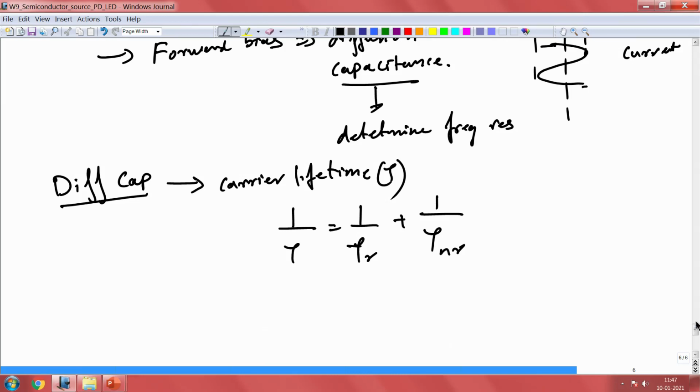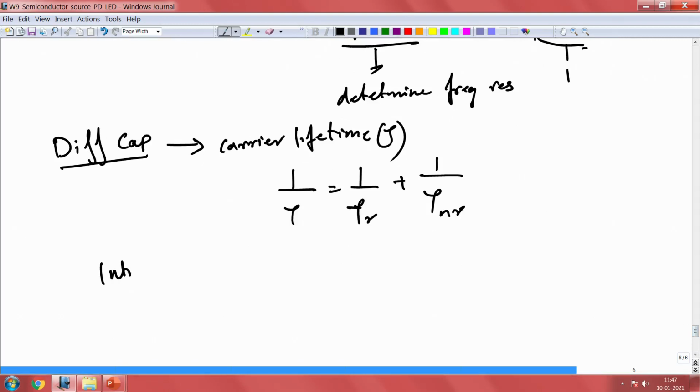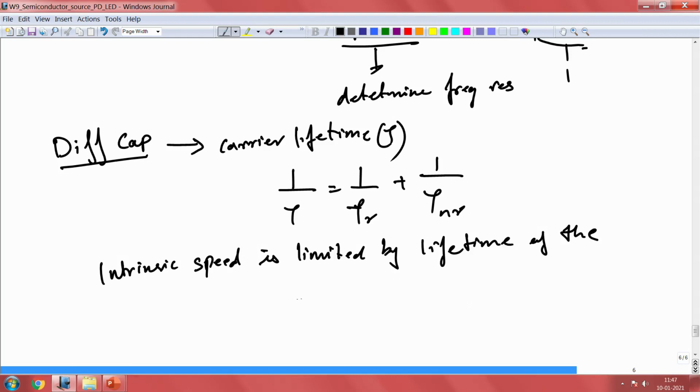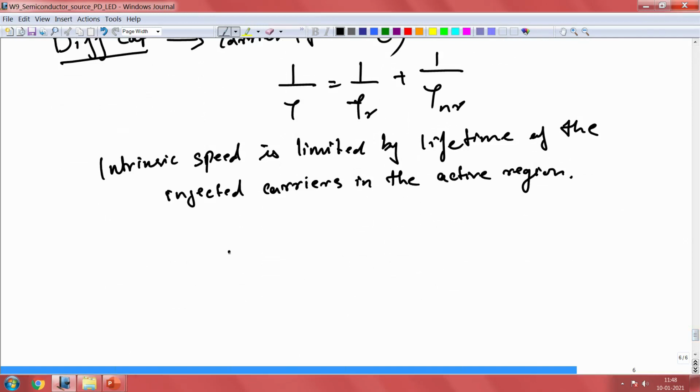So, the intrinsic speed is limited by the lifetime of the injected carriers in the active region, and that is given by a simple relation.